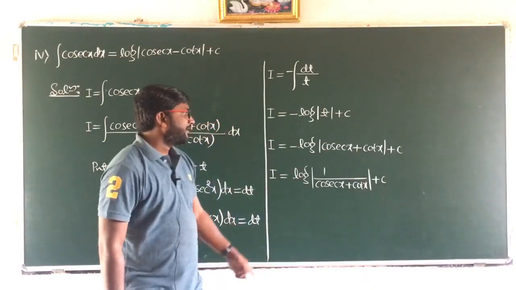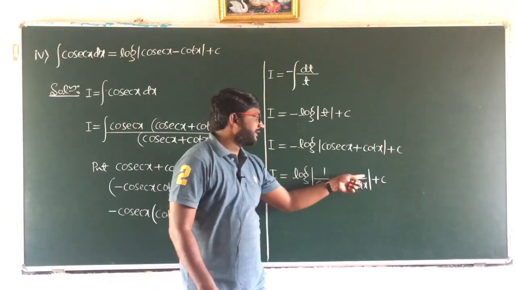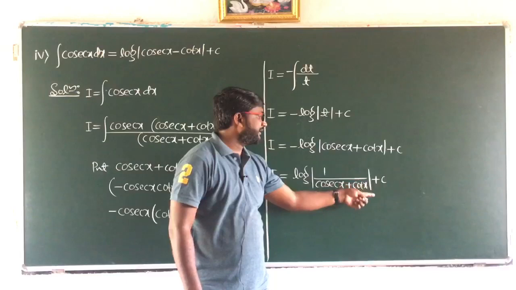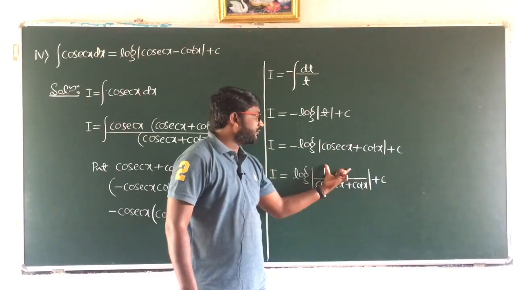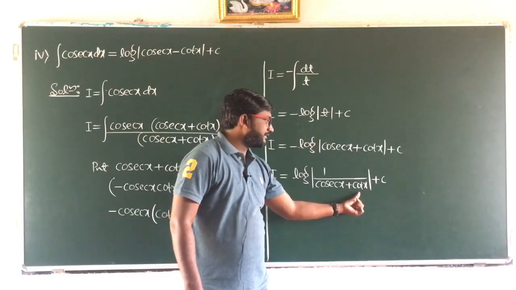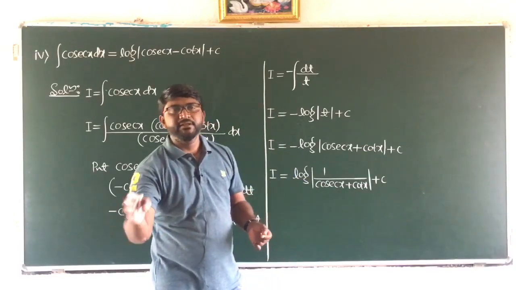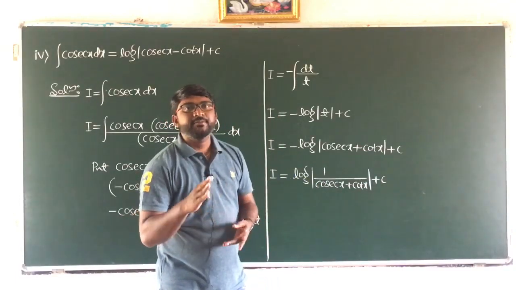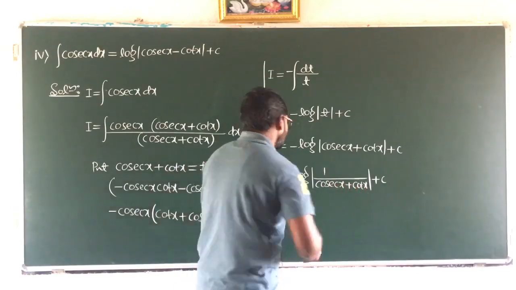Now see here, inside the mod we have to go for rationalization: multiply and divide by cosecant x minus cot x. In the numerator we get cosecant x minus cot x. In the denominator, cosecant x plus cot x into cosecant x minus cot x is a plus b into a minus b, that will be a square minus b square. So we get cosecant square x minus cot square x.